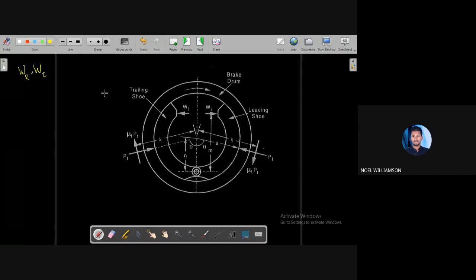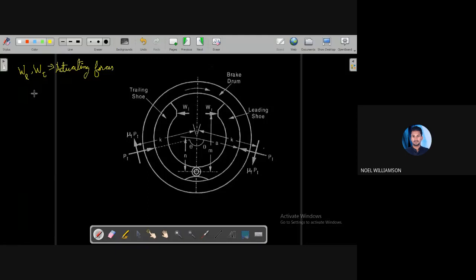So here we are giving an actuating force, the force which is used for actuating the shoes. So these are the two actuating forces, for the leading and trailing shoes respectively.